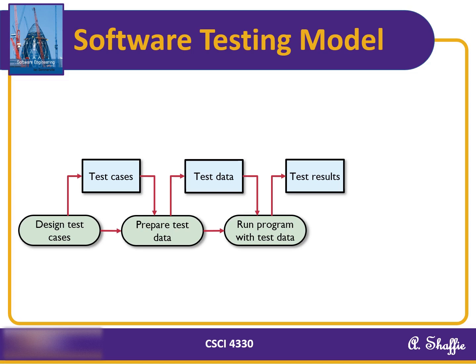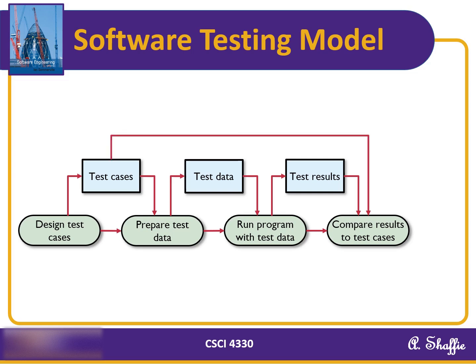This output is then passed to the final stage, which is compare results to test cases. At this stage, the actual output is compared with the expected output specified in the test cases, and the result of this comparison is the test report, which is the final output of the entire testing process.